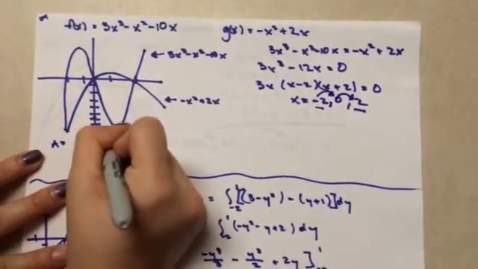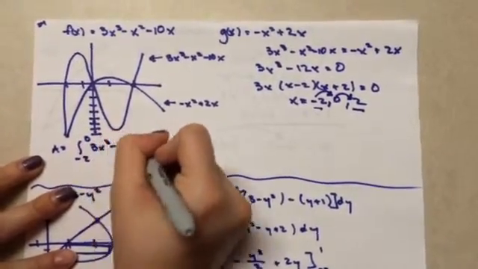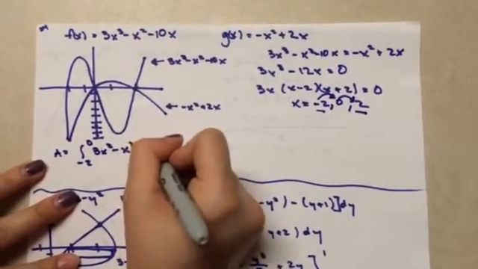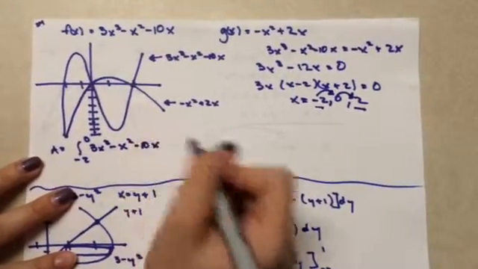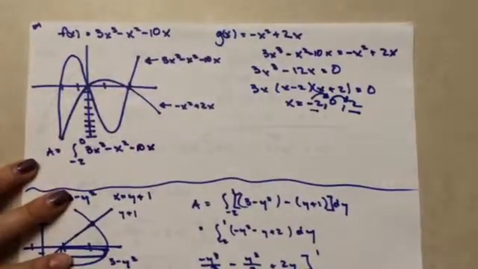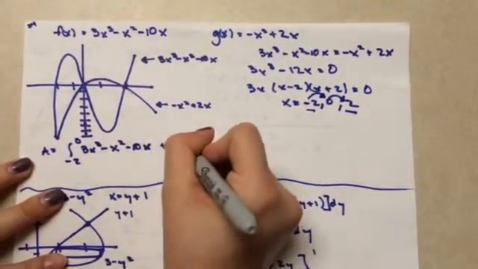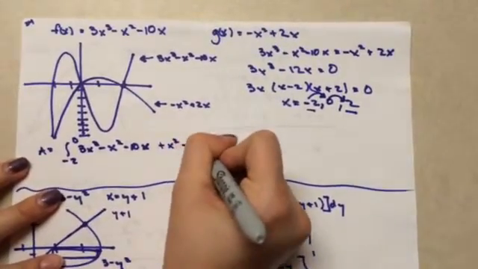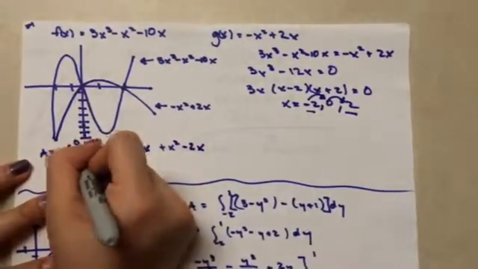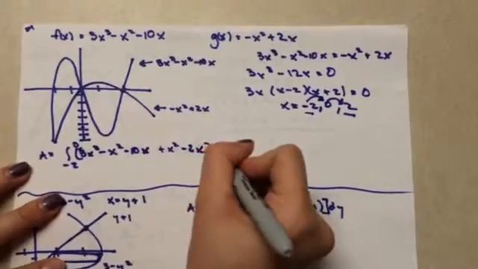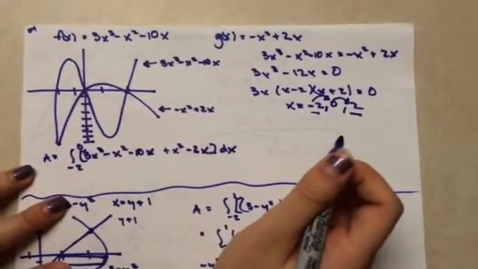And that is going to be 3x cubed minus x squared minus 10x plus x squared minus 2x. It's kind of ugly.